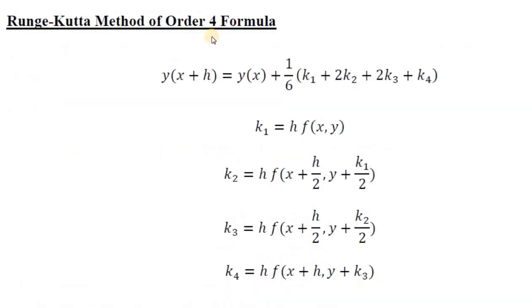Similarly, Runge-Kutta fourth order formula is given by y of x plus h equal to y of x plus 1 by 6 (k1 plus 2k2 plus 2k3 plus k4), where k1 equal to h into f of x, y, k2 equal to h into f of x plus h by 2 and y plus k1 by 2, k3 equal to h into f of x plus h by 2 and y plus k2 by 2, and k4 equal to h into f of x plus h and y plus k3.